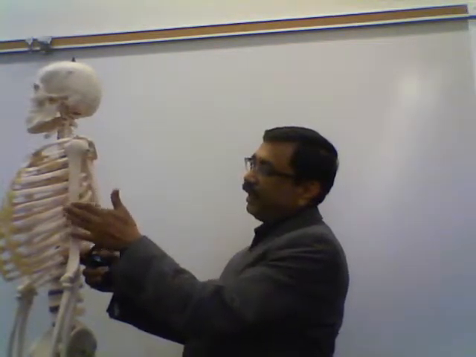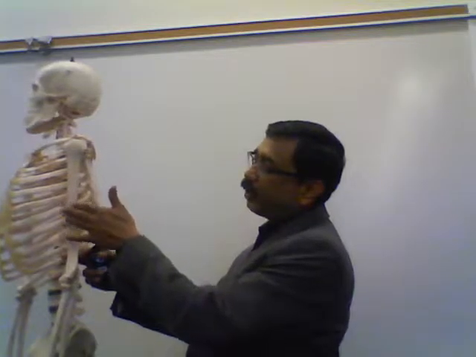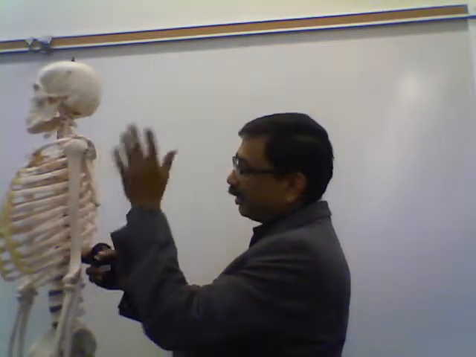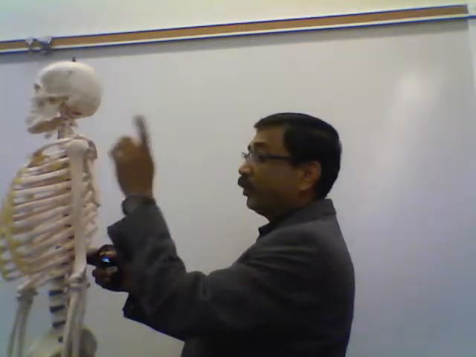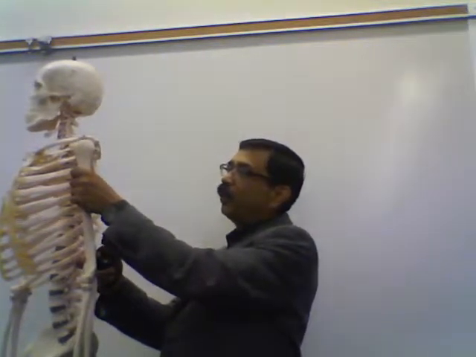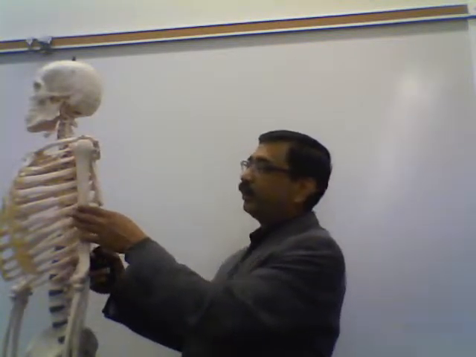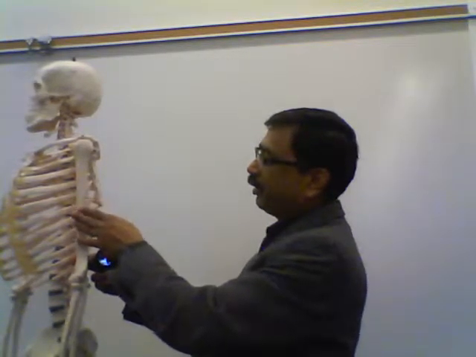In the shaft there is a rough area that is called the deltoid tuberosity. To feel that, you have to touch the bone. That is very important in anatomy. Every time you study in the lab, make sure you hold it, touch it, okay, and feel it. That is very important to learn the bones.